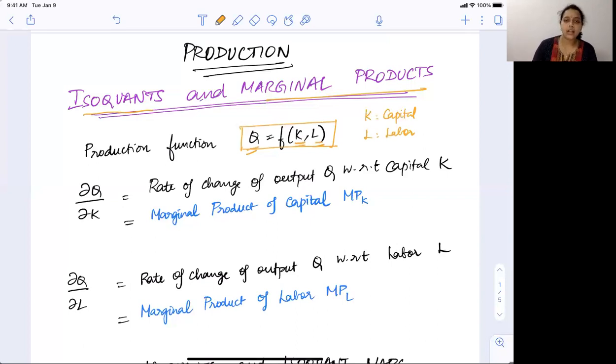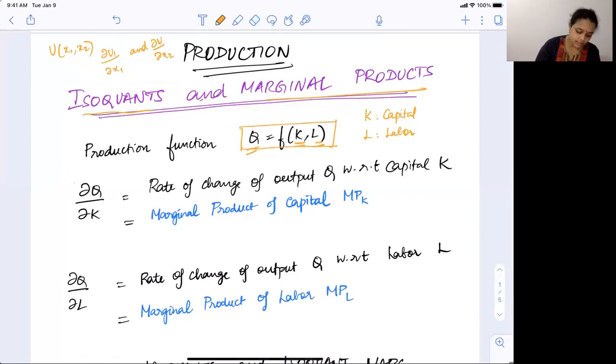But before we do that, a couple of other quick points to note here. Just like when we looked at the utility function, where u is a function of x1 and x2, we looked at two interesting expressions, dou u by dou x1 and dou u by dou x2, which I said are marginal utilities.